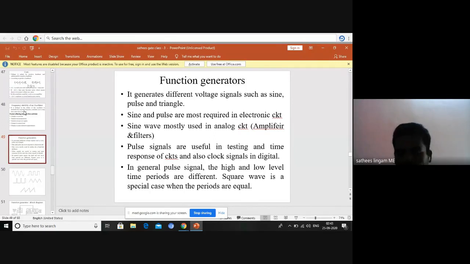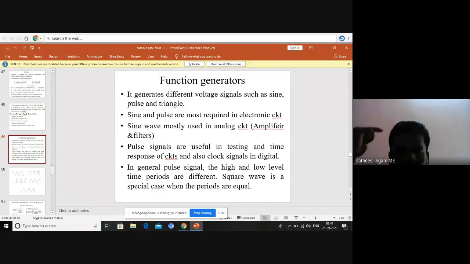Now we are moving into function generators. Functions mean different functions; it generates different voltage signals. In your laboratory you may have a function generator. By pressing some buttons you can see on the oscilloscope that it changes as sine wave, square wave, triangle wave, sawtooth wave.